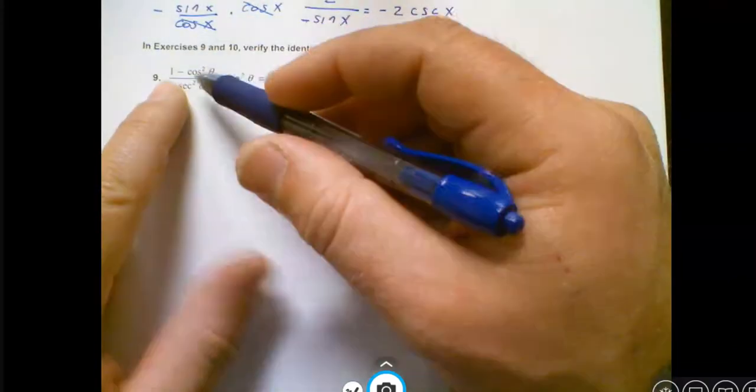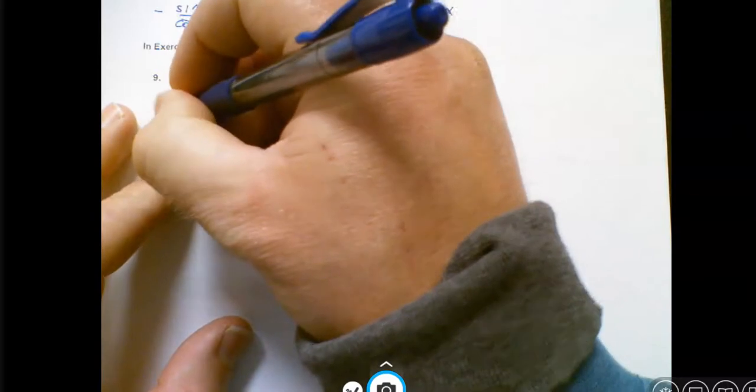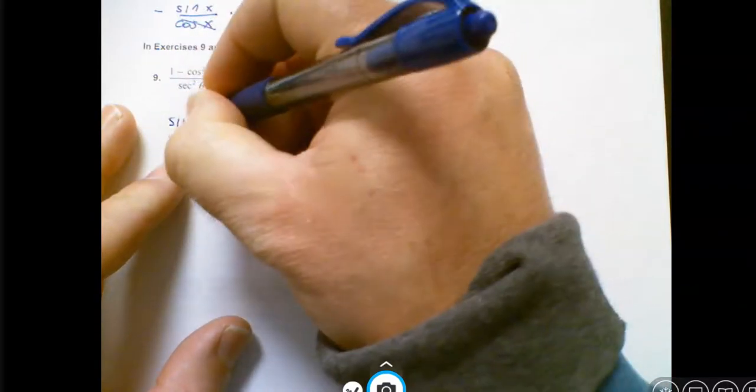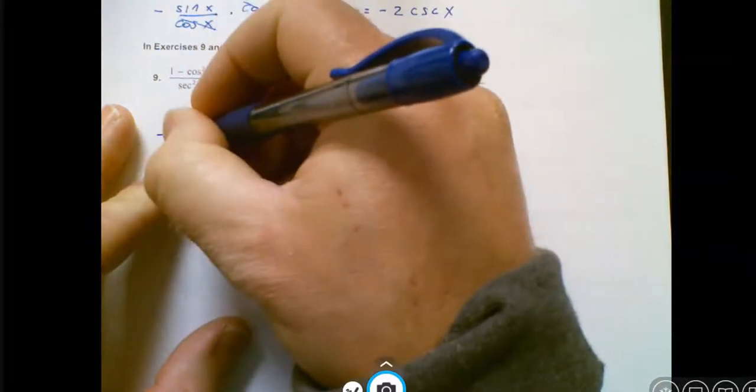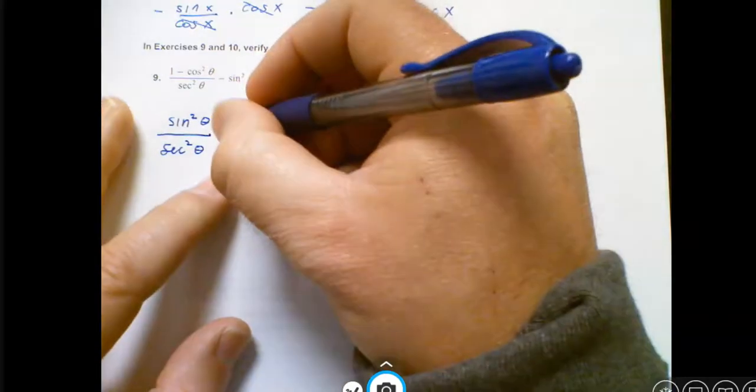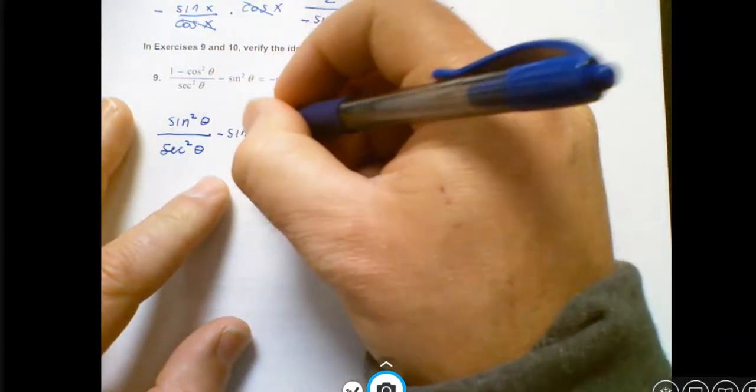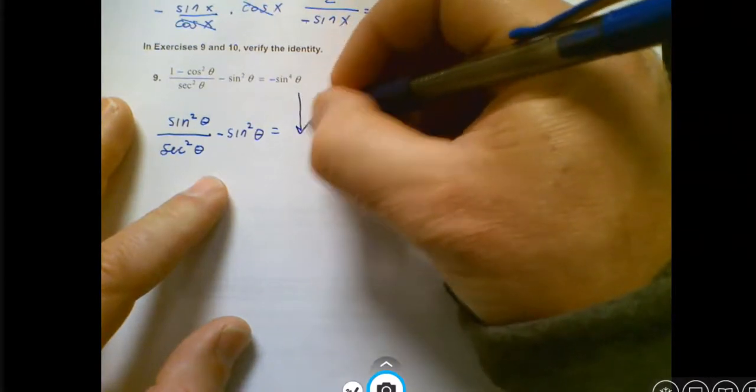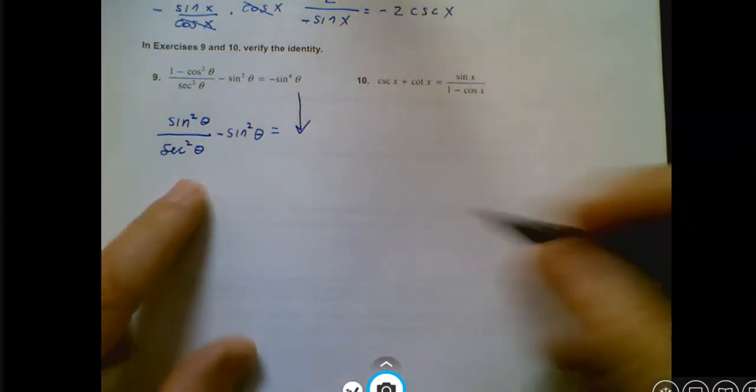So one of the things we already looked at is 1 minus cosine squared is sine squared over secant squared minus sine squared. So we're just bringing this guy down all the way. We're not touching the right side here.